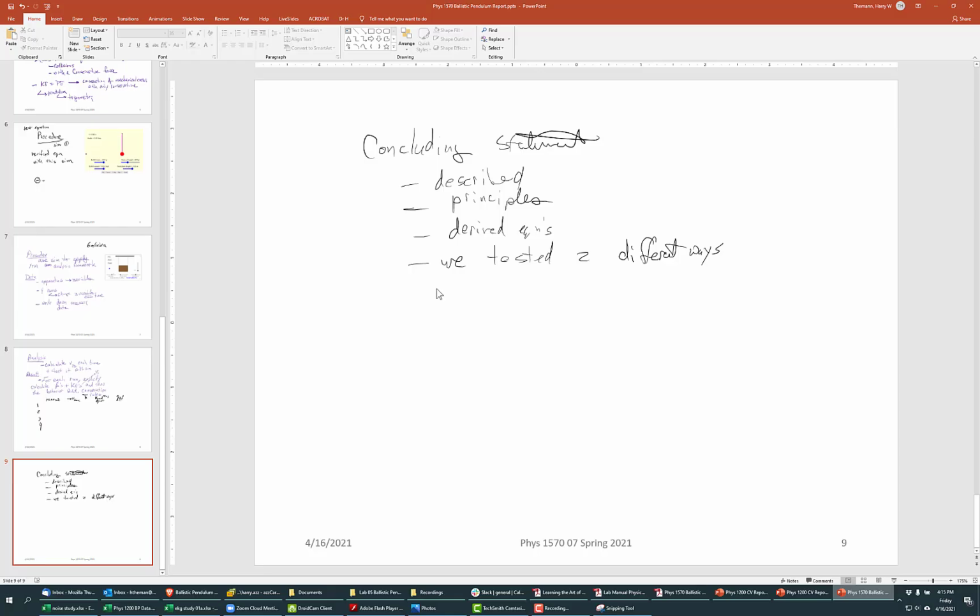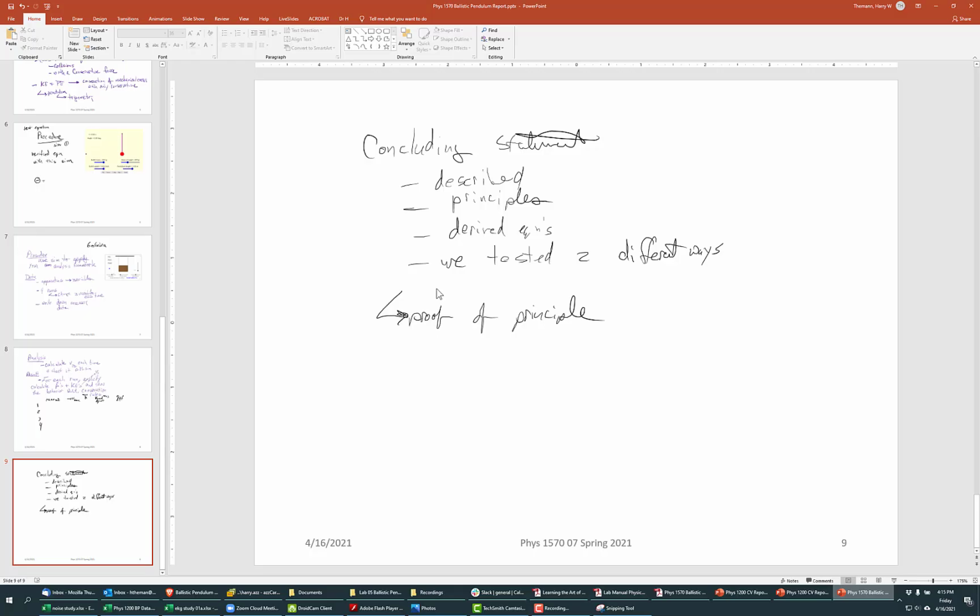And if everything works, then we have a proof of principle. So all we can say is that it looks like if we built one of these things, it would work. And there you go.